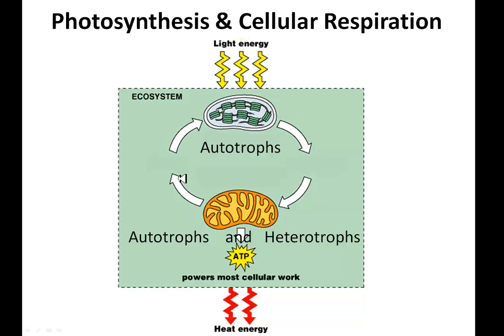It actually makes carbon dioxide and water, and that makes sugar and oxygen, and it just keeps going back. Autotrophs make the sugar and the oxygen. Autotrophs and heterotrophs take it and make ATP. So plants do both. Animals can only do this one.